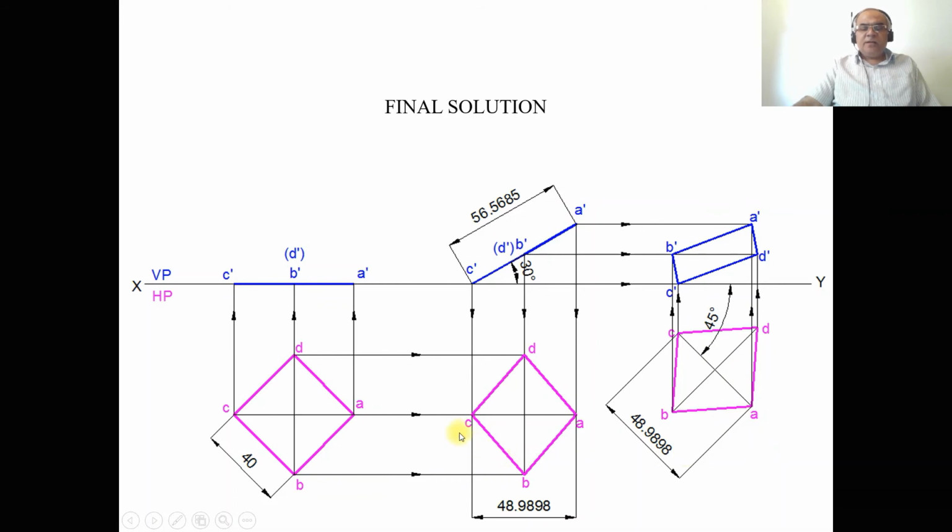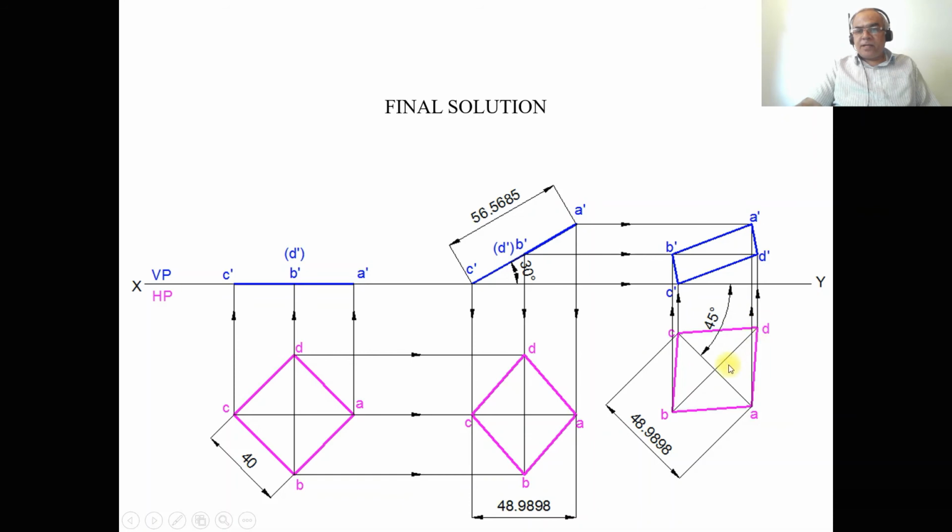Then by using the compass, measure the distance from C to A of the second position top view and transfer from C of the third position and cut an arc on that 45 degree line, and you mark this point as A. Then you measure the distance from C to this point of the second position top view and transfer from C onto that 45 degree line so that you will get this point.